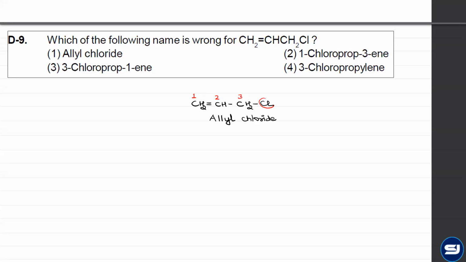So this becomes a substituent and hence the name is 3-chloro-prop-1-ene. So which is the wrong name? Second, because in that case the numbering is done from the chloro side, from the right, and 3-chloropropylene is the same as 3-chloropropene. So this is also a correct name.